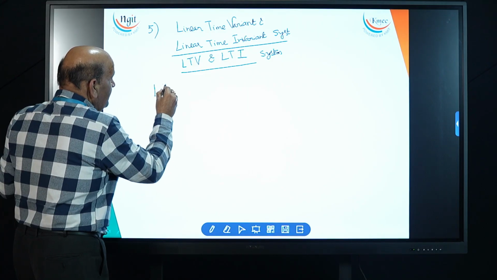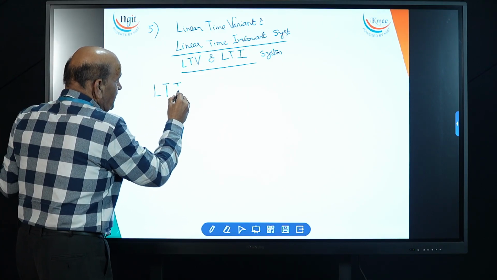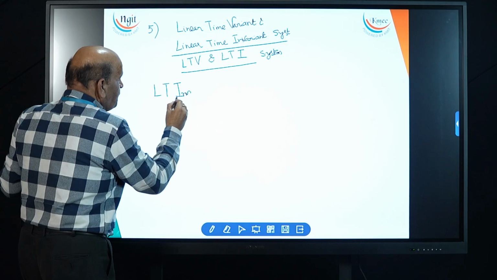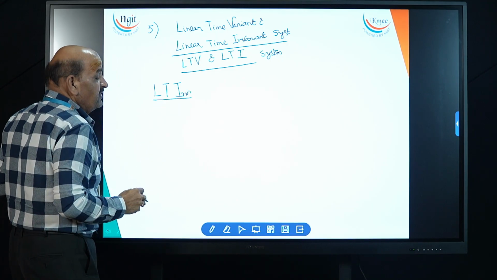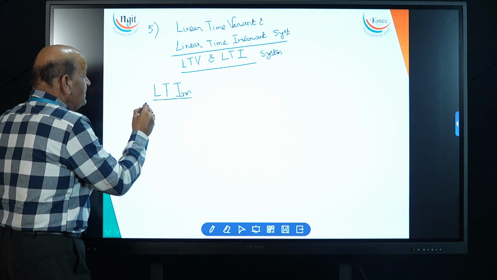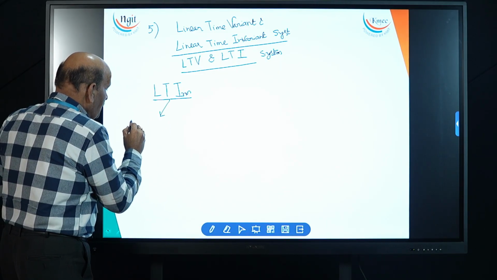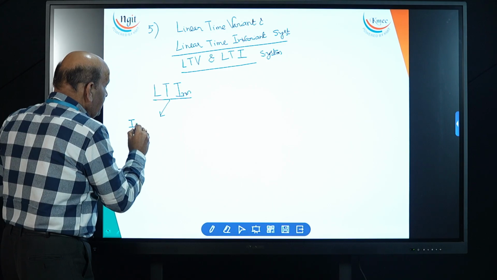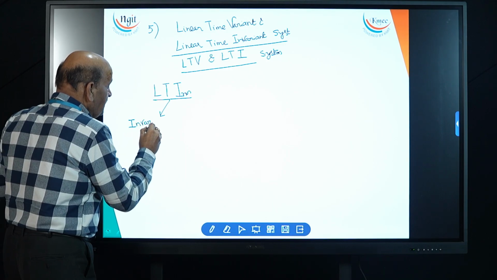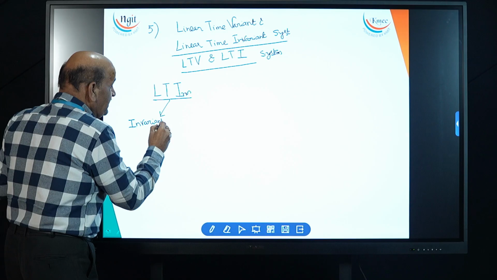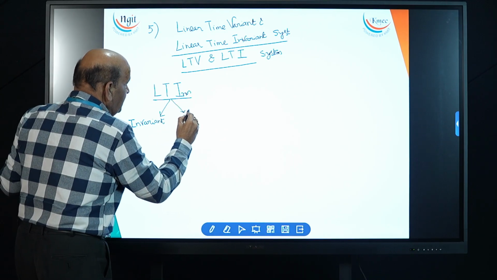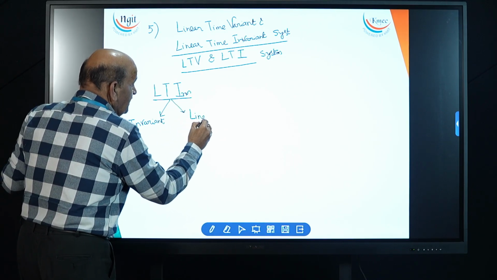Now just look at how to make it. First, linear time invariant. That means what? This property contains 2 sub-properties. One is invariant system. Second one is called linearity property.